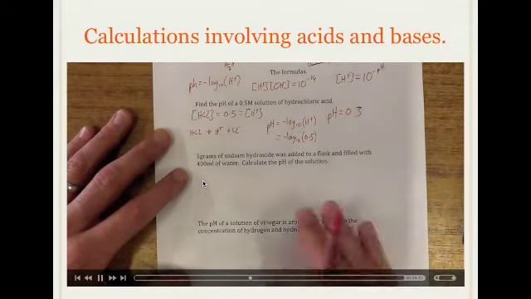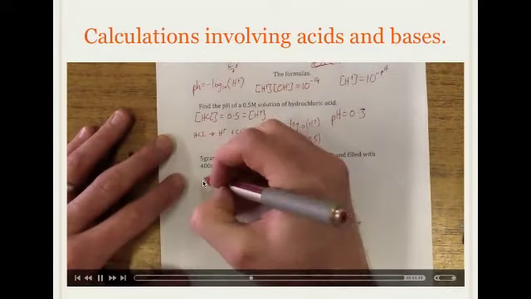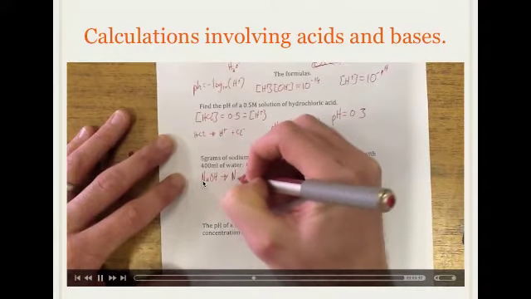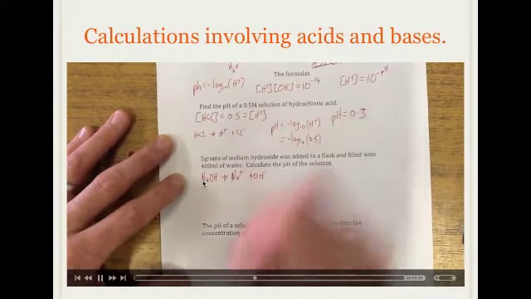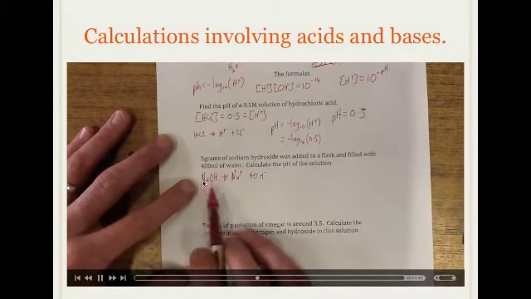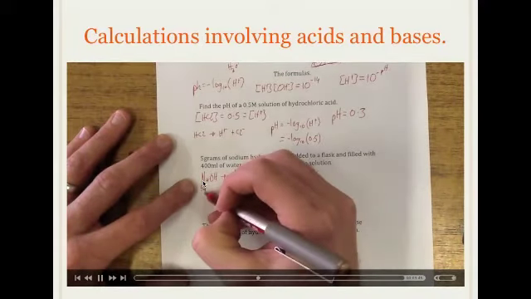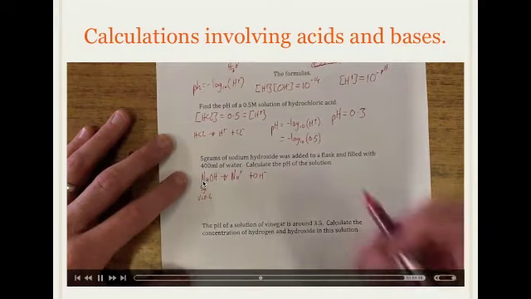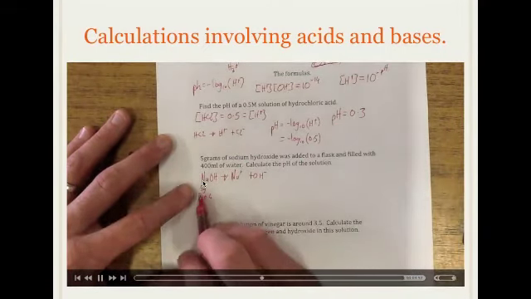Now, what am I going to be using? I've got sodium hydroxide. Now when this breaks up, we get sodium plus and hydroxide negative. So therefore, we need to work out the concentration of this. We've got 5 grams, we've got a volume of 0.4. So first of all, from my grams, I'm going to work out the number of mole.